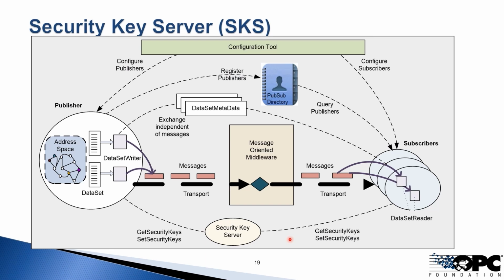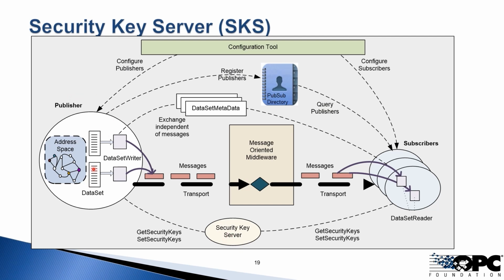So this particular service can be implemented anywhere. It's often implemented directly in the publisher, such that you might not even think of the security key server as a centralized component, but that would be a mistake because it can be.